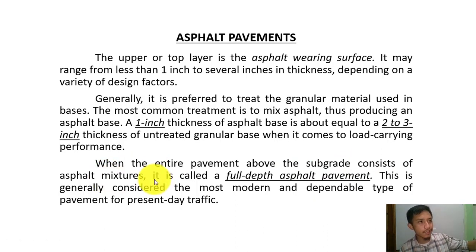Okay, so the layers of this pavement are purely asphalt. So we call that one the full depth asphalt. But of course, if we have there a concrete or Portland cement concrete before the layer of that, then that will not be a full depth asphalt treatment or pavement. Okay, so this is generally considered the most modern and dependable type of pavement for present day traffic. So that is the ideal full depth asphalt pavement.